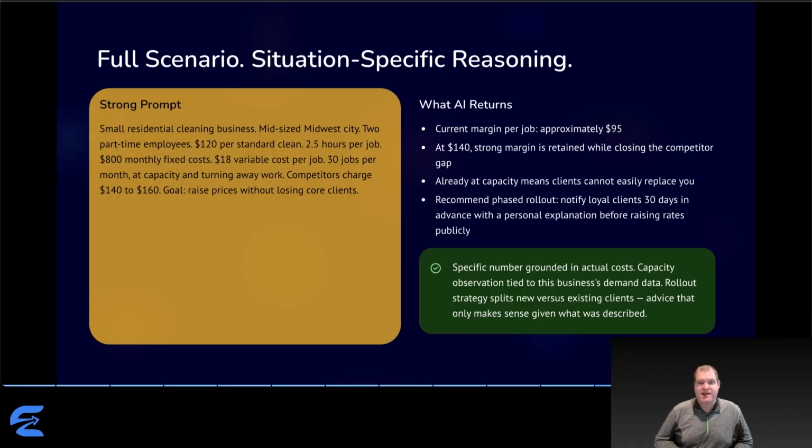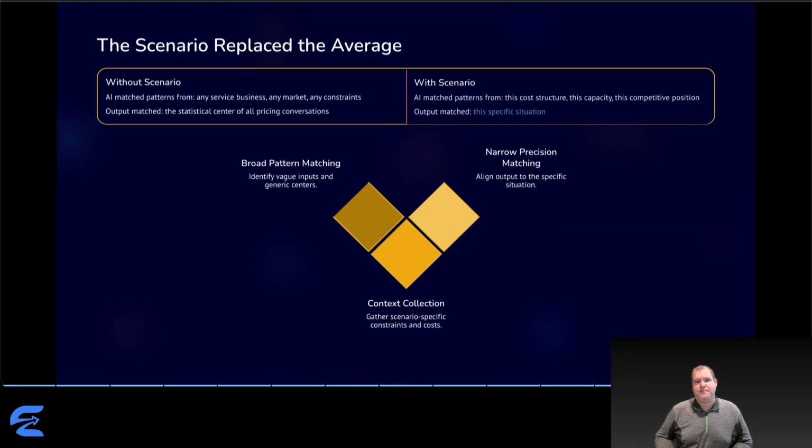The model got there because the prompt gave it the information to make that distinction. None of that output could apply to a consulting firm or a web designer. It's anchored to this situation because the scenario eliminated every other situation from the pattern pool. And that's the mechanism working exactly as it should.